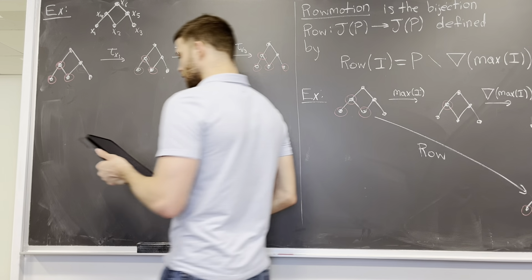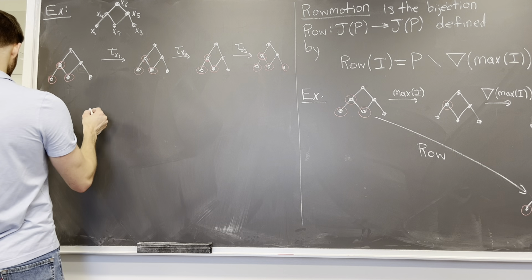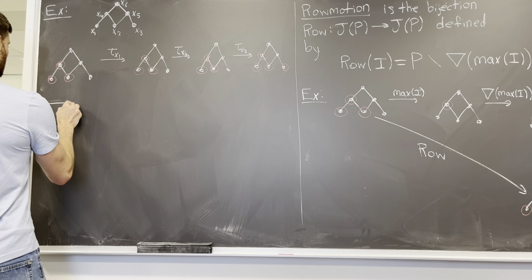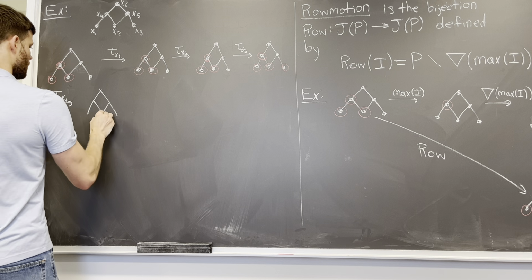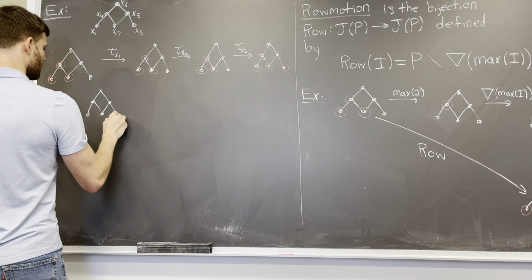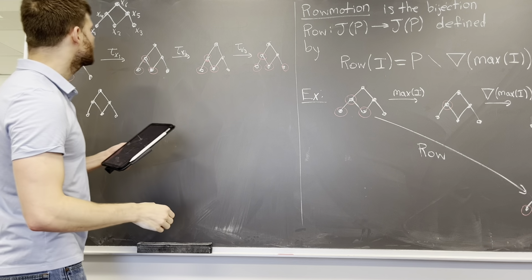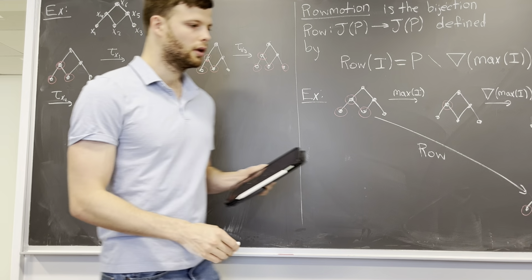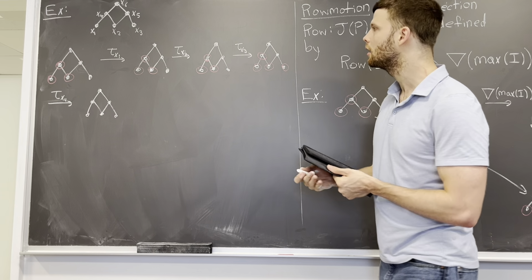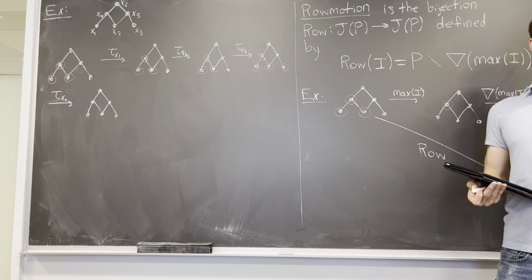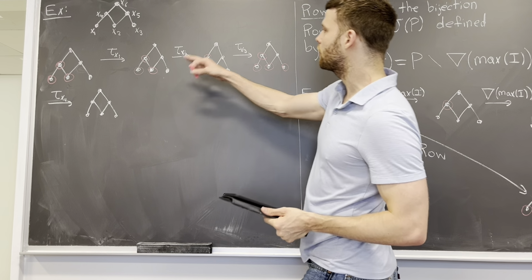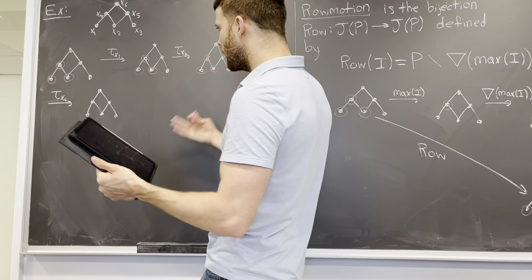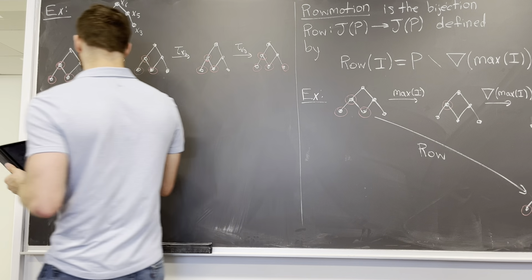And now, let me do tau x4. Okay, maybe I should ask, what does tau x4 do to this order ideal? Yes? It will remove x4. Yep. So it removes x4 because x4 is in the order ideal, and removing it gives me something that is actually an order ideal.